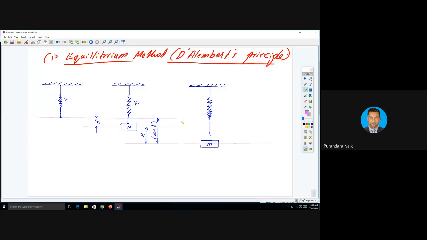I have another analysis. Let us take this is the mass at this position, at the delta position. We'll do it later.